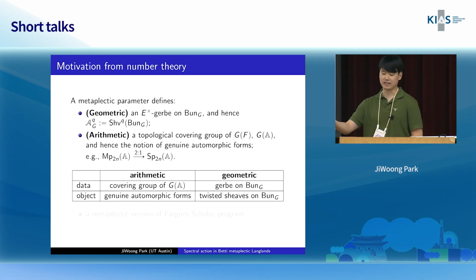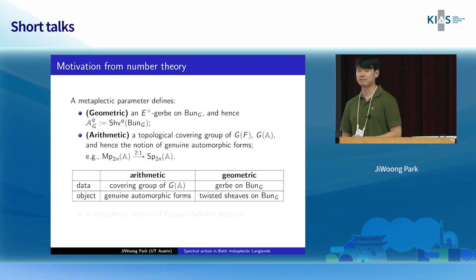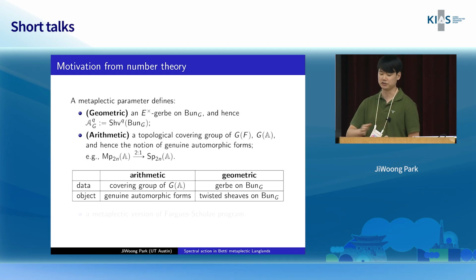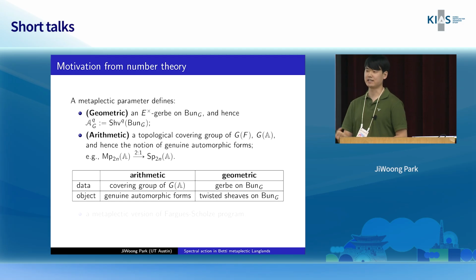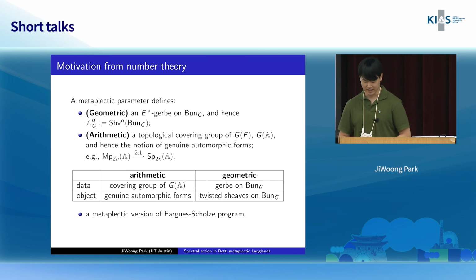For example, there's a particular metaplectic parameter which recovers the usual metaplectic covering group of the spin group. So you can see the general pattern here: a metaplectic parameter gives rise to a datum of twisting over a certain space, and you study the twisted objects.